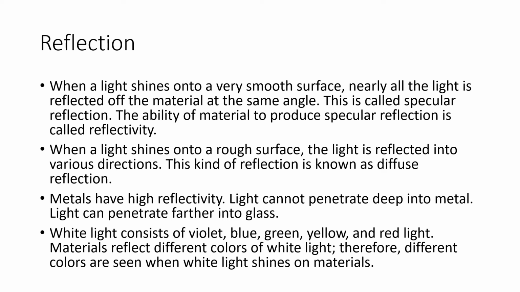So different colors are seen when white light shines on a material. Not all the components are reflected, except for black. White light is white because it has everything. If you think about the color black, you see black because the object absorbs all of the violet, blue, green, yellow, and red light.